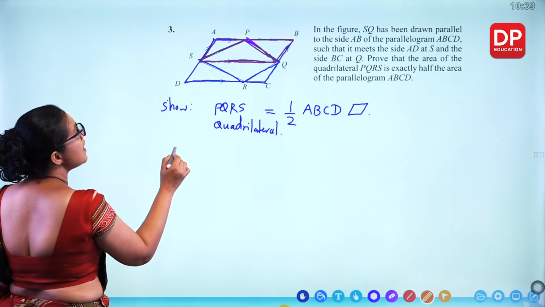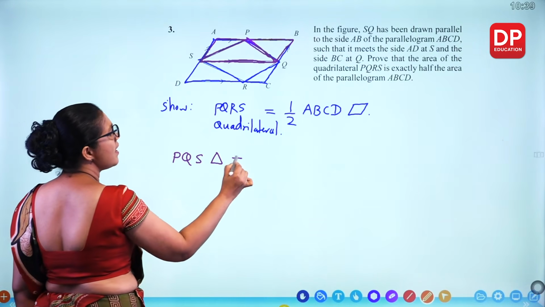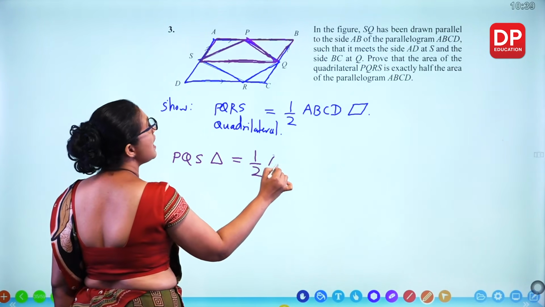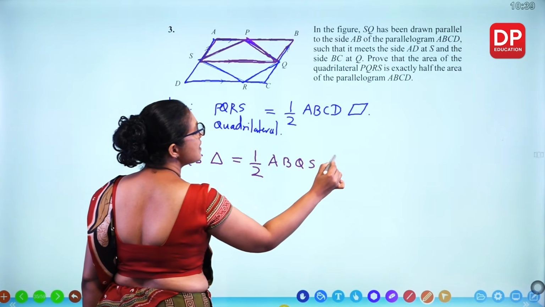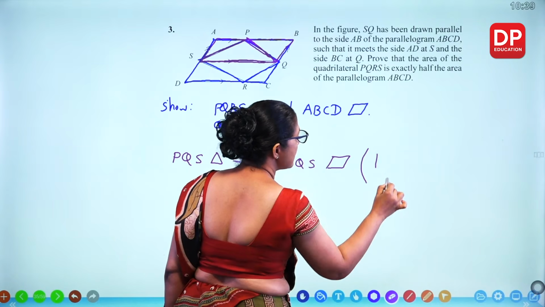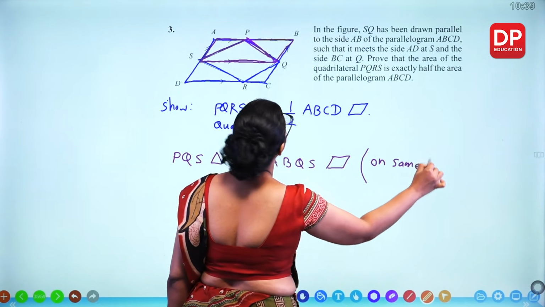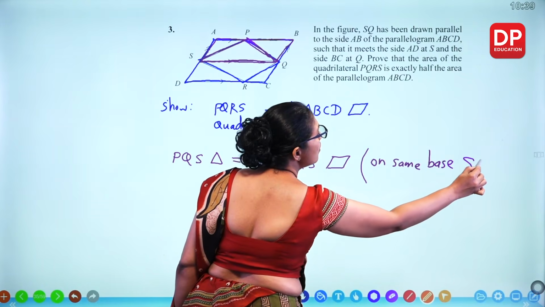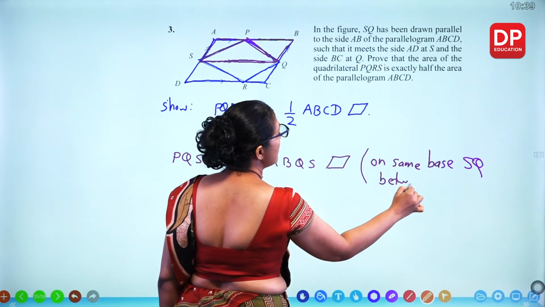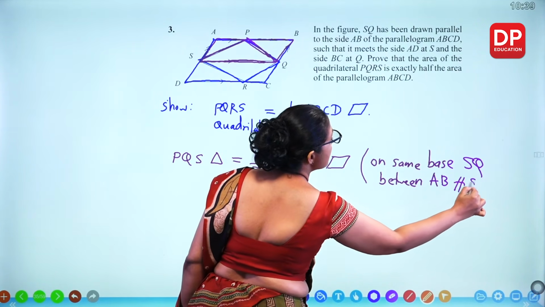So I can write straight away PQS triangle area is equal to half of ABQS parallelogram. What's the reason? This is on same base SQ and in between AB and SQ.